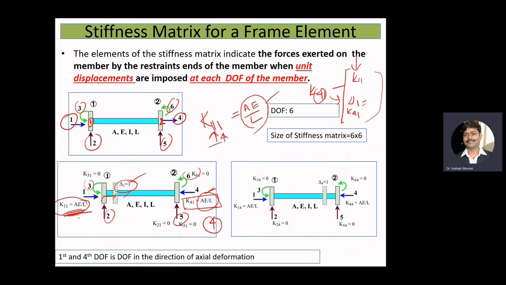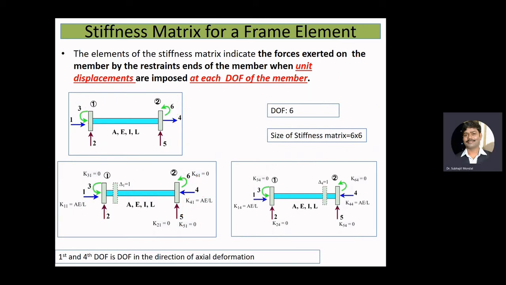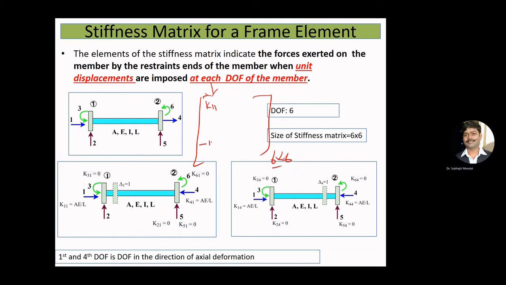Okay, now if we apply this amount of force at the 1st degree of freedom, then at the 4th degree of freedom we'll have the same amount of force but in the opposite direction. So here, if we see that 6 by 6 size of the stiffness matrix for a frame element, we obtain a first column, and here we'll have K11 term, and here we'll have minus K11, or the other way you can say that K41.